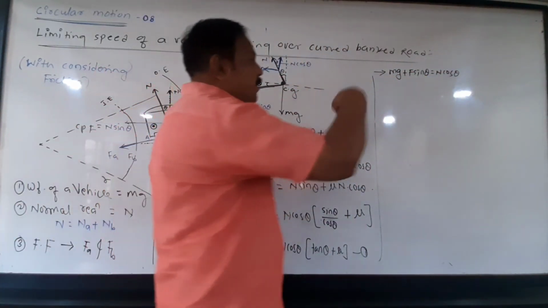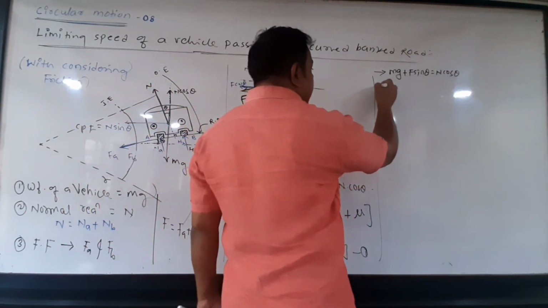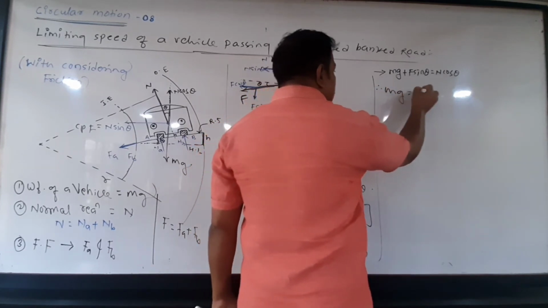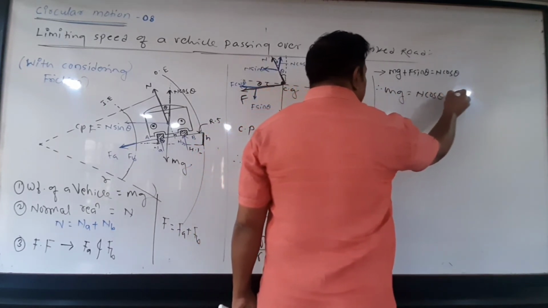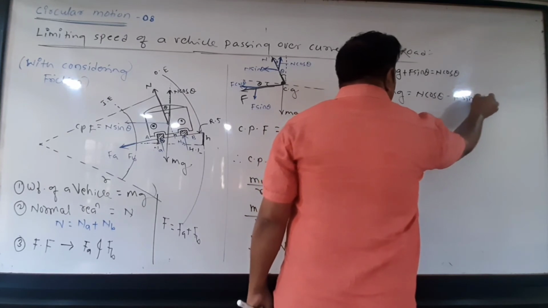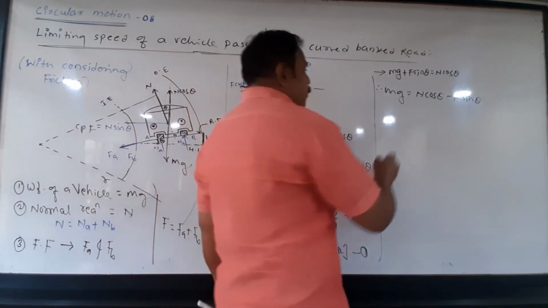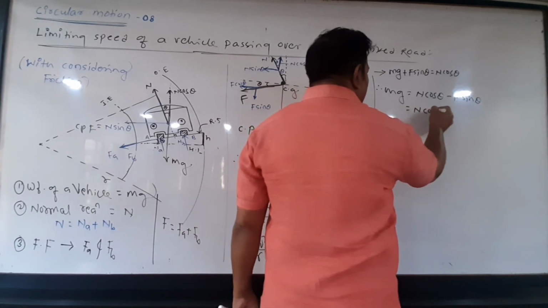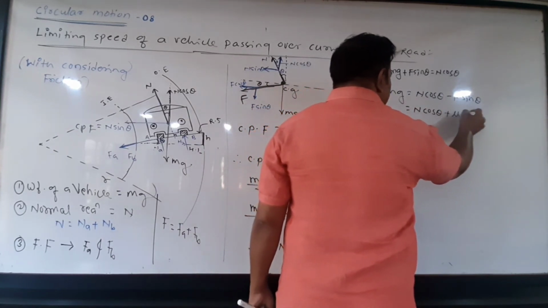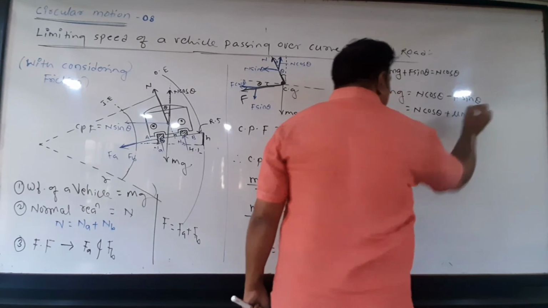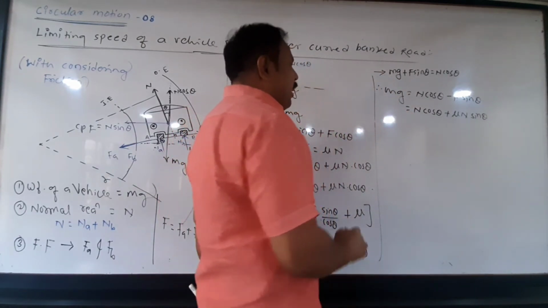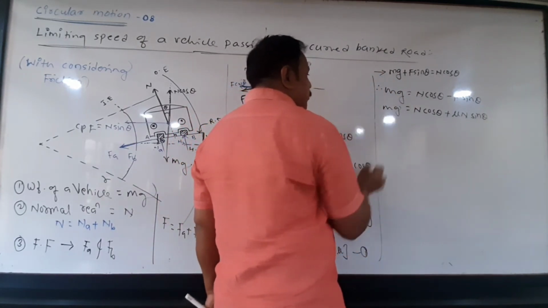Now, take this F sin theta on the right hand side. Therefore, mg is equal to N cos theta minus F sin theta. Or therefore, it is equal to N cos theta minus F, means again mu N into sin theta. This is mg.